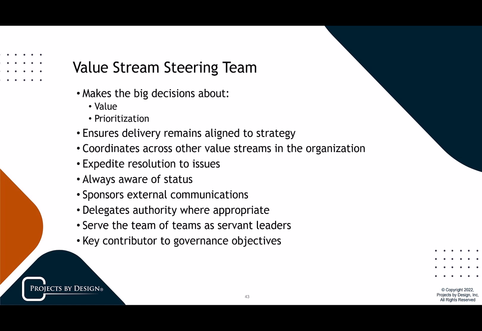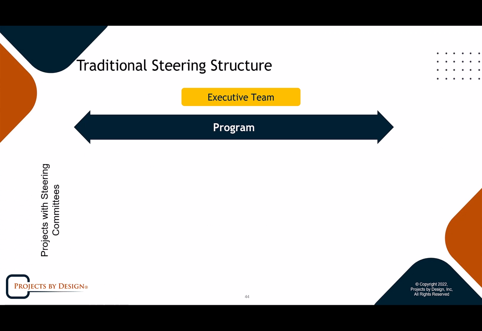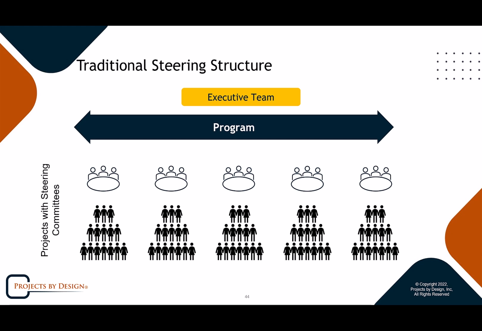Okay, so let's take a look at how this might view out visually. So a traditional steering structure is that you have projects with steering committees, right? But essentially, you have an executive team, not necessarily aligned with the value streams, the executive team that is overseeing the program, and then each of those projects have steering committees.